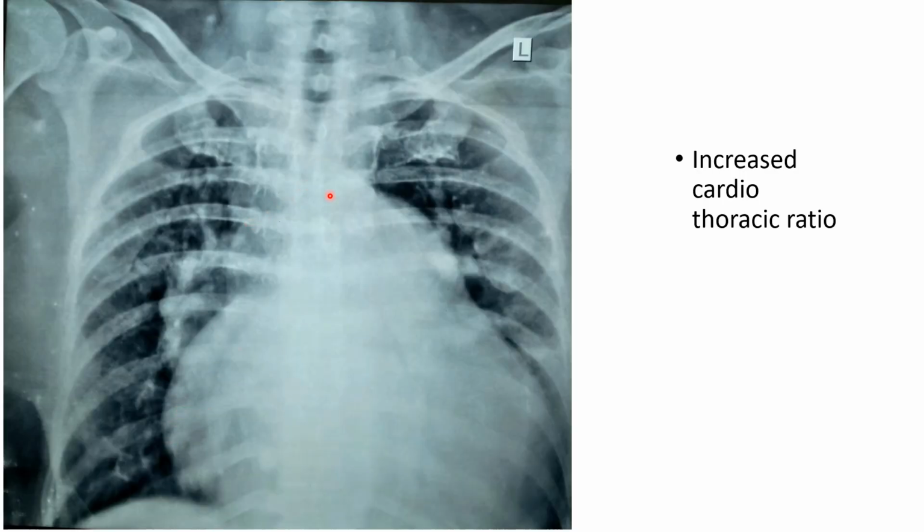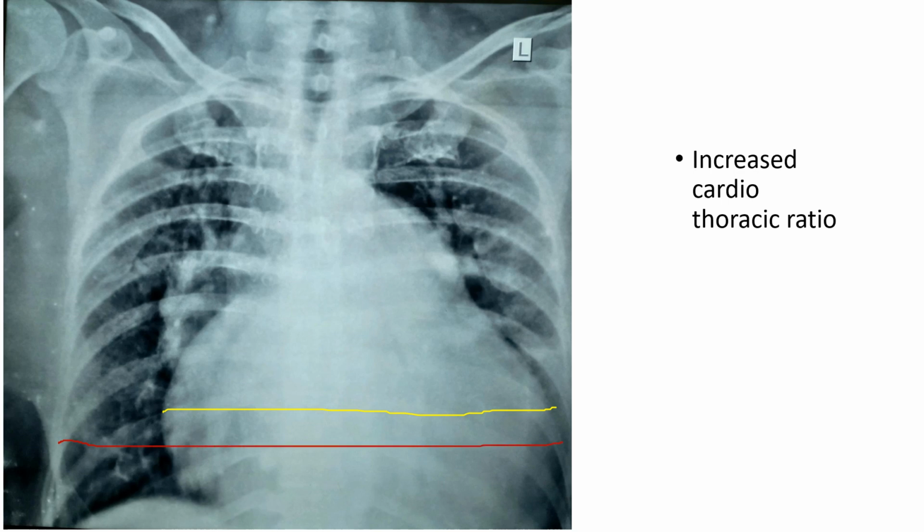In this X-ray, it is very obvious that the cardiac shadow is enlarged. So basically, as per theoretical definition, first we need to draw this maximal cardiac diameter, and then we have to measure the maximal thoracic diameter.